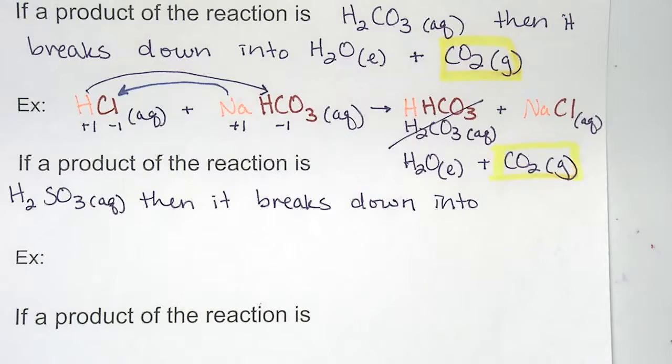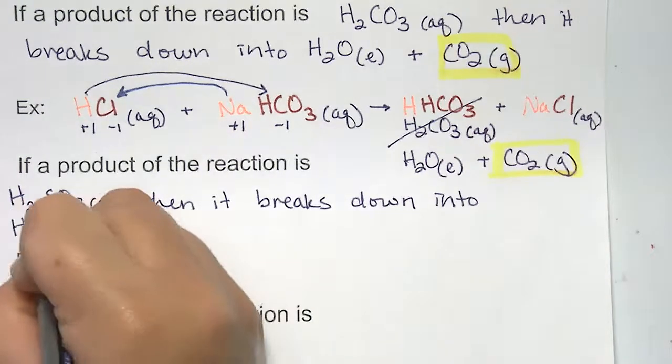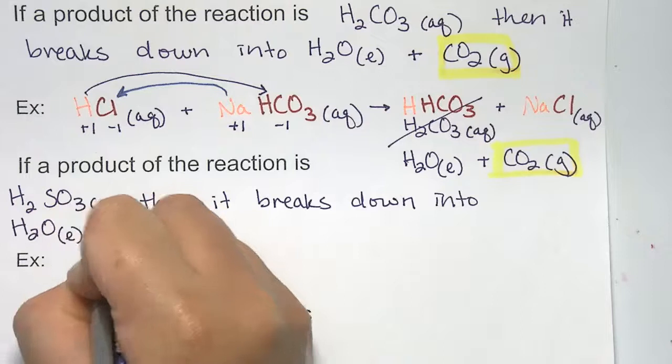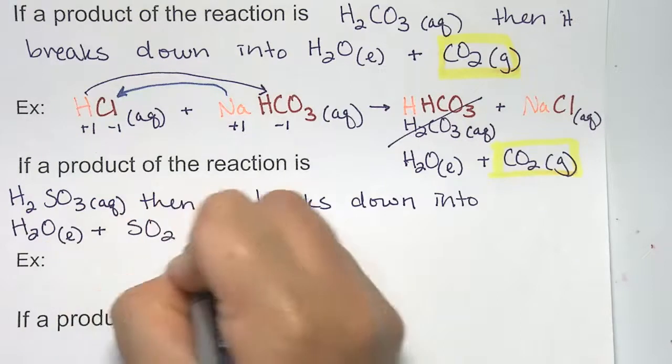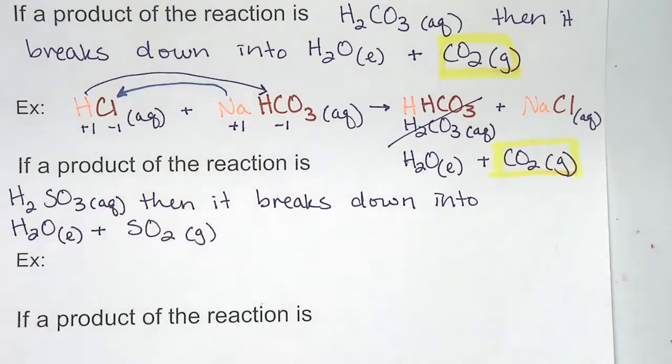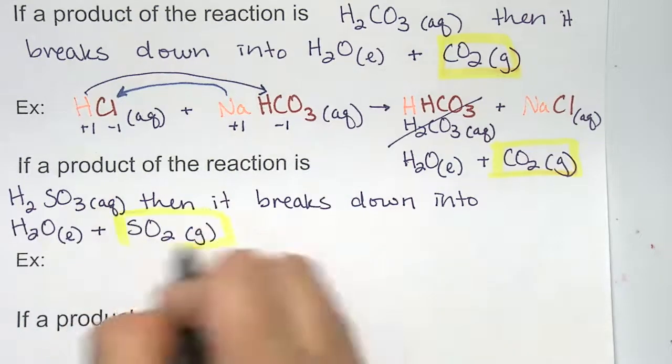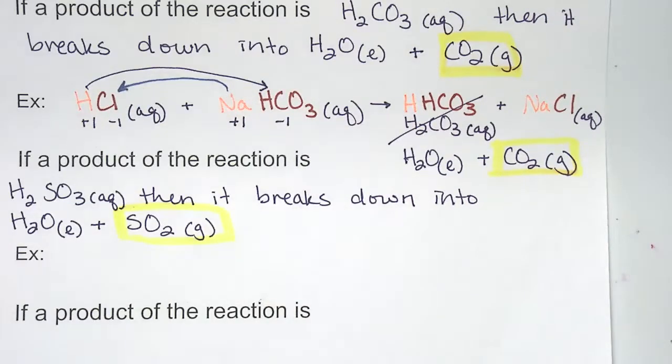Not CO2, but water and what other element do we have? Very good. Water and SO2. Exactly. So we still do that, but then we have SO2, and that right there is our gas. Excellent. So let me give you an example.